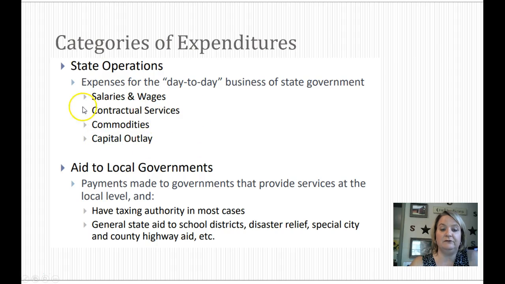Contractual services include utilities, contracts for copiers, contracts for services such as pest control. Commodities include payments for clothing, uniforms, things like that. Capital outlay is expenses for things like if we have to buy a new vehicle, or if we buy desks, chairs, anything like that, tools, those would go in capital outlay.